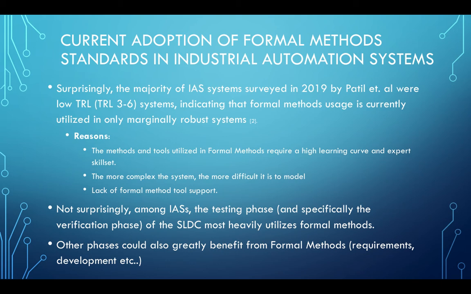And I say that it's not surprising because guaranteeing safety or reliability, or in other words, guaranteeing that the system will function as expected, often comes down to testing. And so while this phase is the one that most heavily utilizes formal methods, other phases can still benefit from formal methods from a cost standpoint as well as a dependability and safety standpoint.